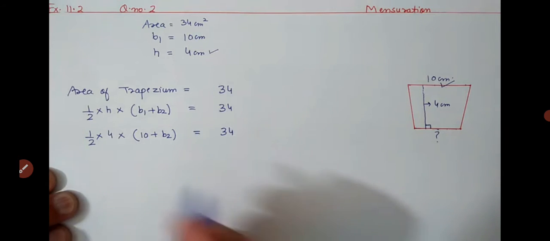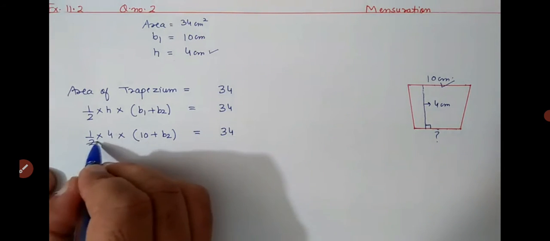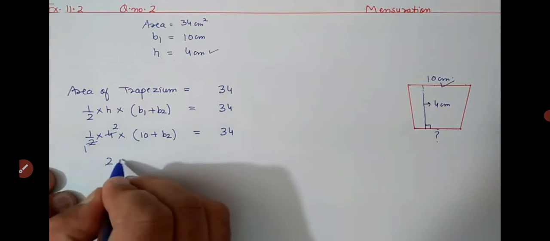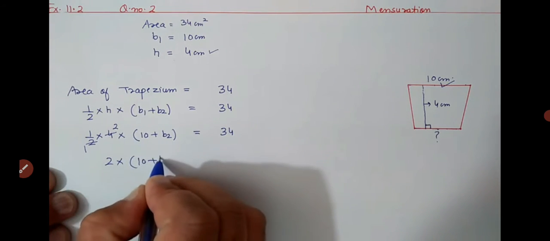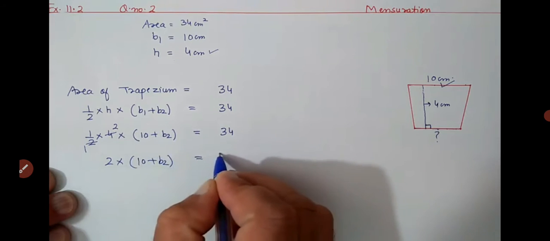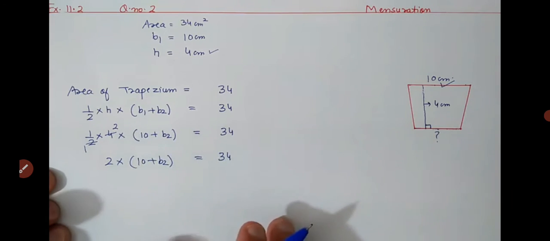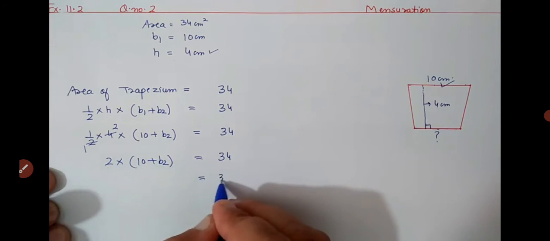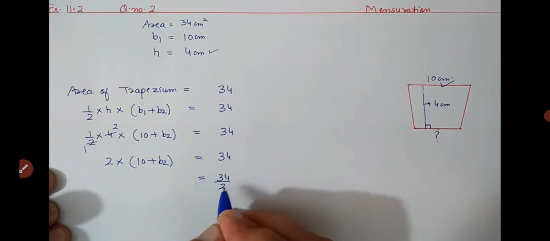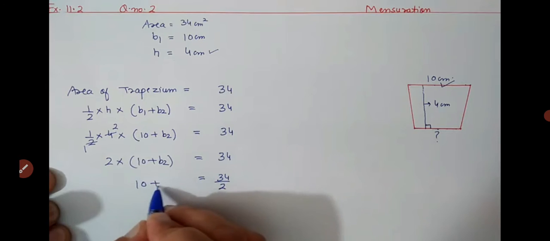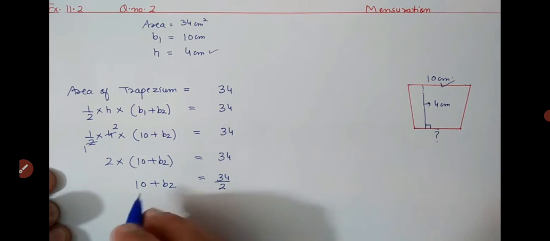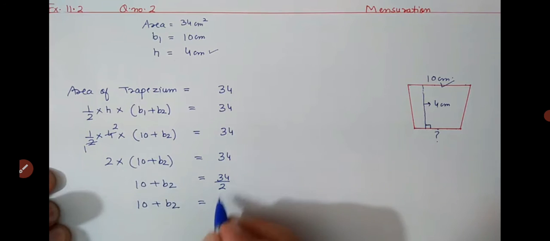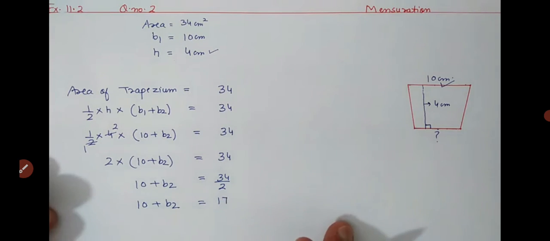So 1 by 2 into 4, 2 ones are 2, 2 twos are 4, so we get 2 into (10 plus b2) is equal to 34. Then we take the 2 to the other side: 10 plus b2 is equal to 17, since 2 sevens are 14.